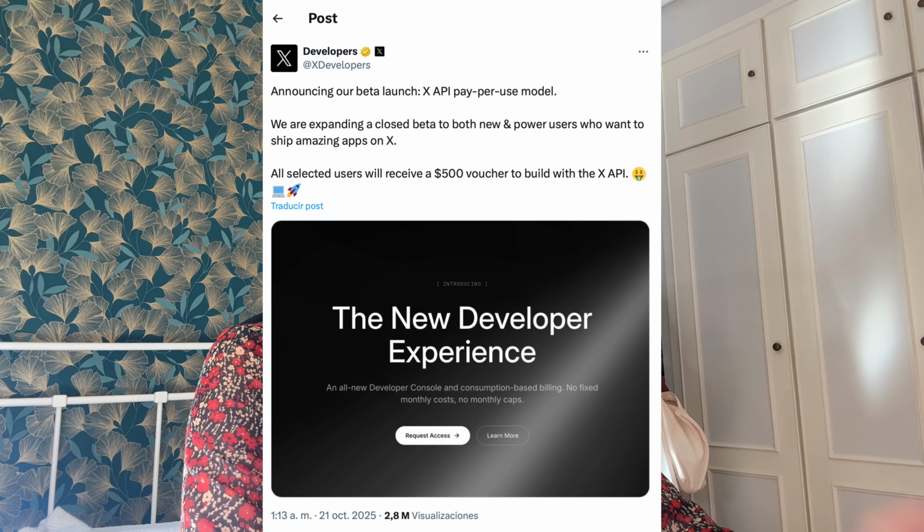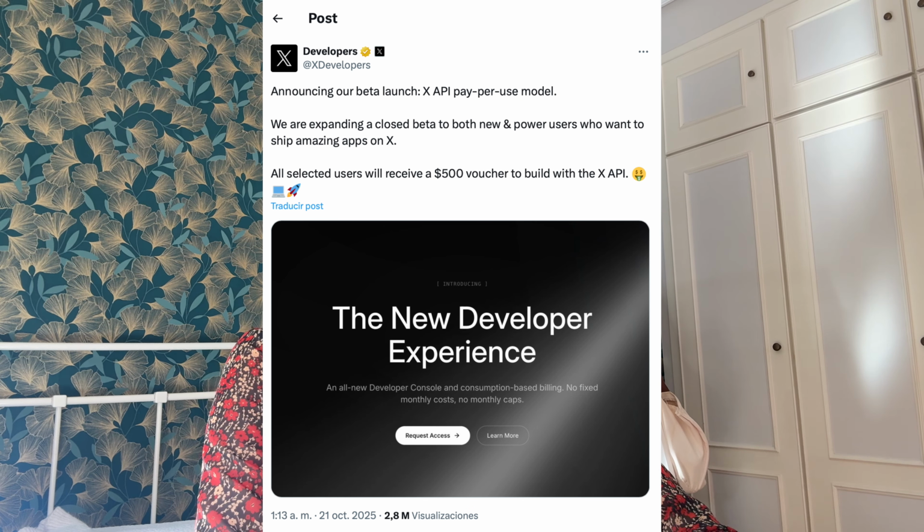Right, so let's talk about what happened and give some context. X's relationship with developers has been a bit complicated since the platform's major transition. They introduced a new paid API model in 2023, and honestly, it wasn't popular at all. Prices went way up, access got restricted, and a ton of smaller apps like analytics tools, scheduling platforms, bots, etc. basically disappeared overnight. Now, X Developers has announced a new pay-per-use model that is currently in closed beta.